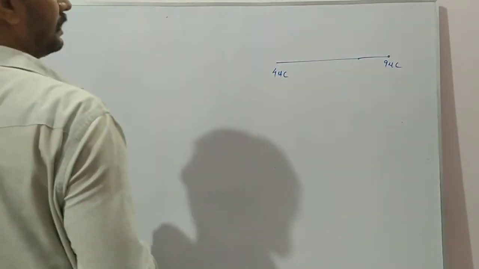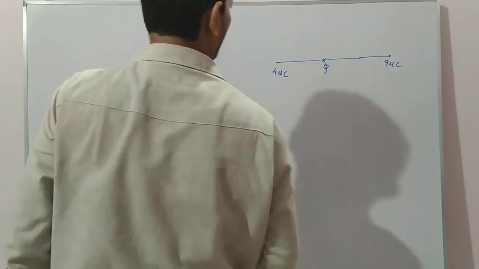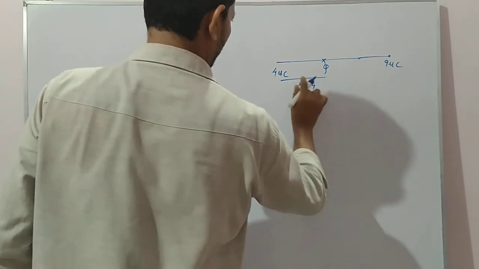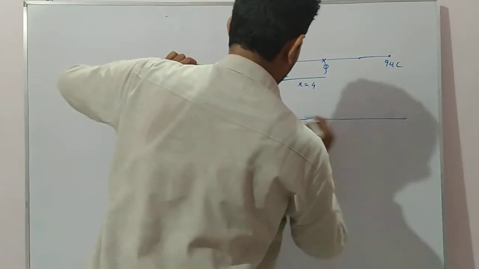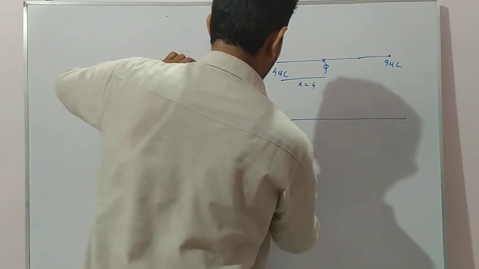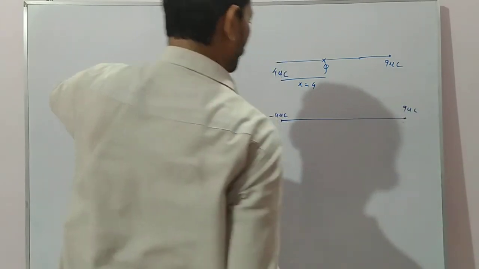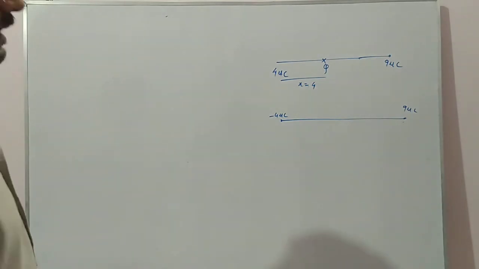That is why the third charge is placed at this position, that is x equal to 4 centimeter, which we got. Now, by the way, if this is minus 4 microcoulomb and this is 9 microcoulomb, then we got two answers, x equal to 4 and x equal to minus 20.